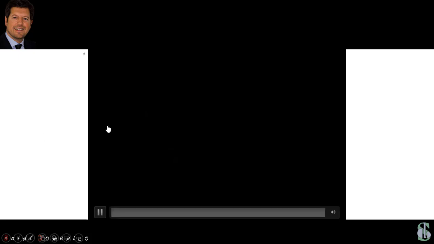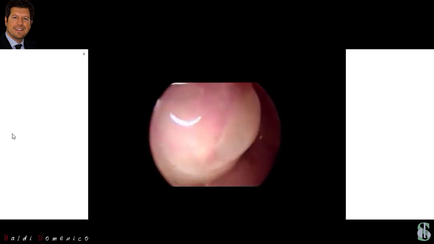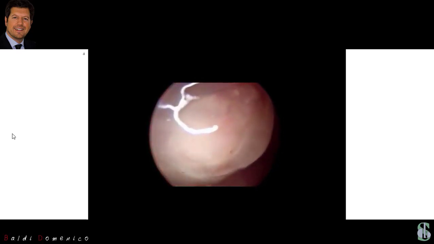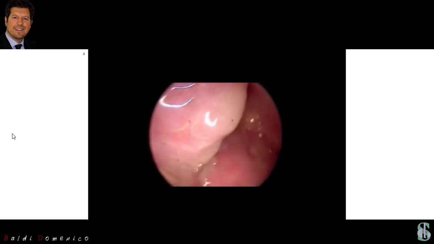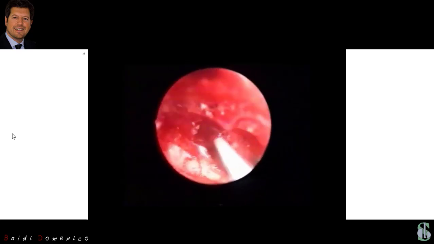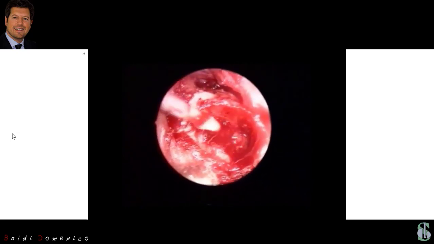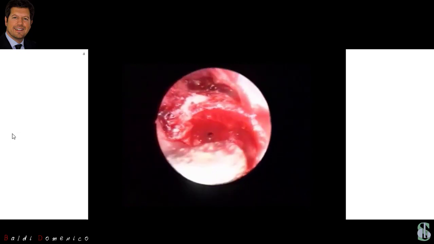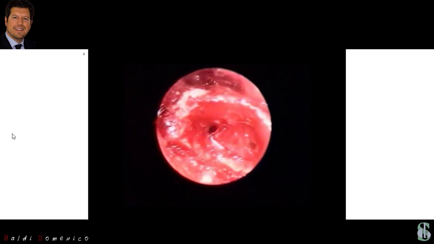In fact, if we see this video, you can see that theoretically it is always going in a good way, but when we finish our lifting and we take away our balloon, we can immediately see the problem, that is fundamentally a perforation of the Schneiderian membrane.